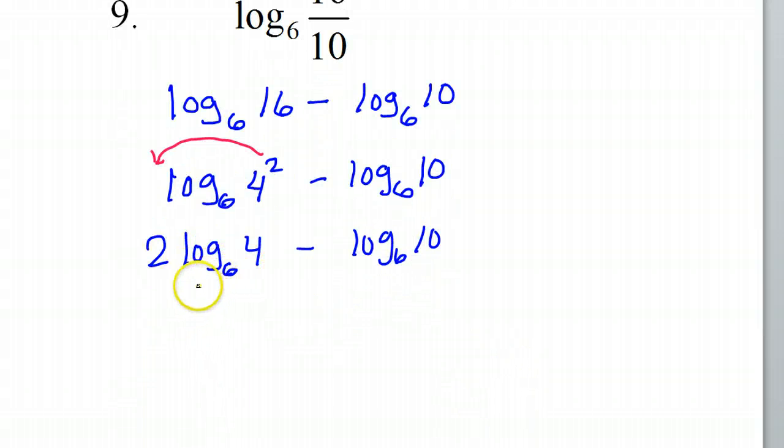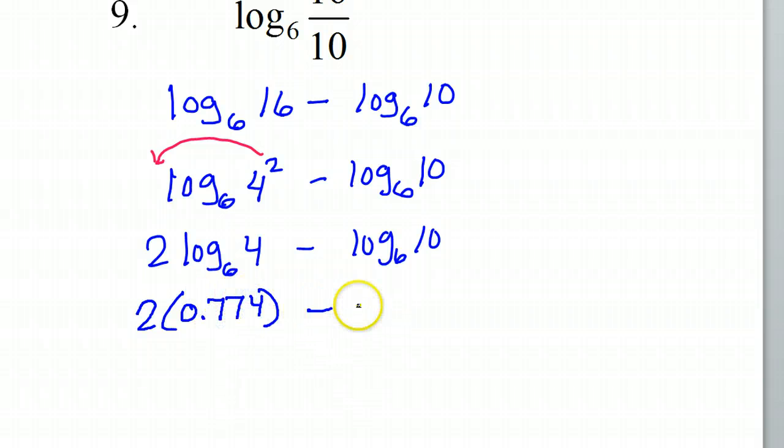All right, now we know these decimals, people. So this is going to become 2 times, see, this is your 0.774, and this is your 1.285.